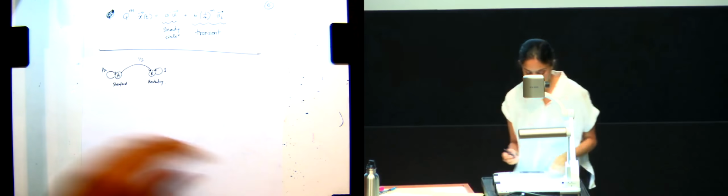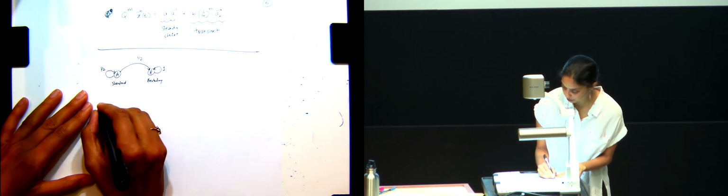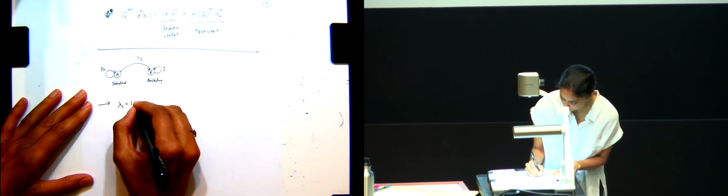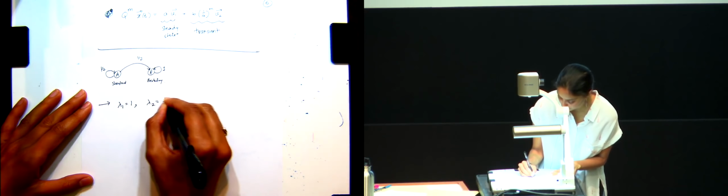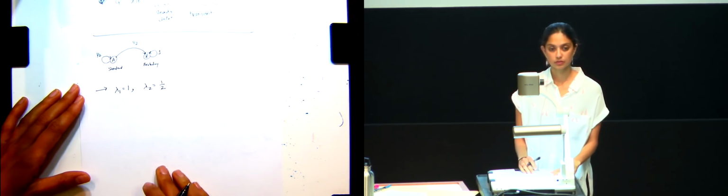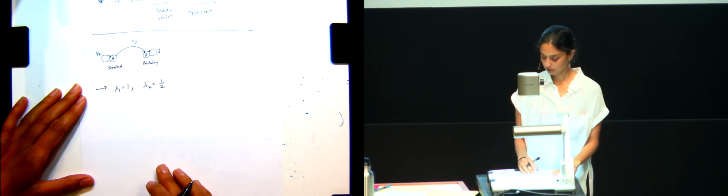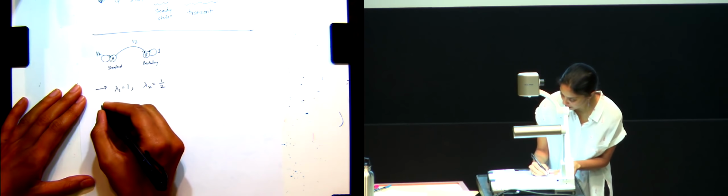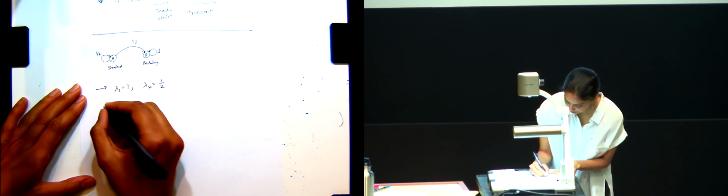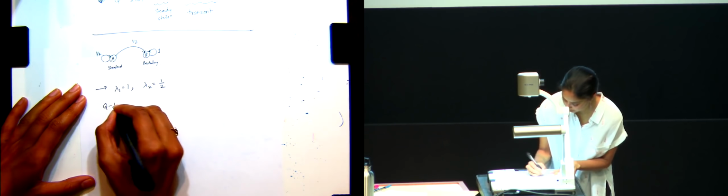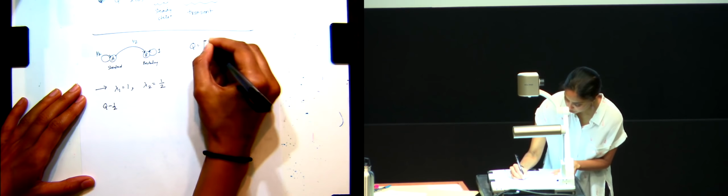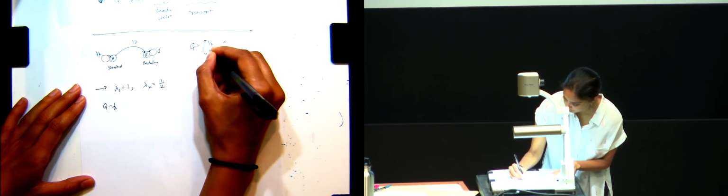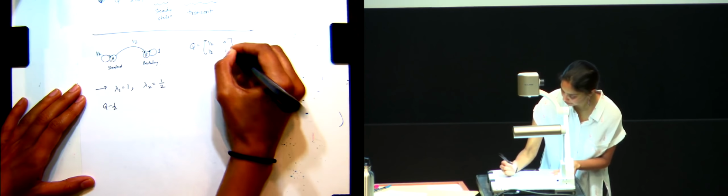So if you remember from last time, for this problem, we had lambda 1 equal to 1 and lambda 2 equal to 1/2. And we had basically Q minus 1/2. So here Q is equal to 1/2, 0, 1/2, 1.